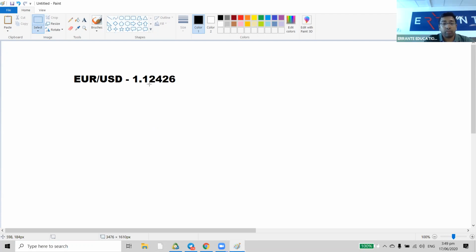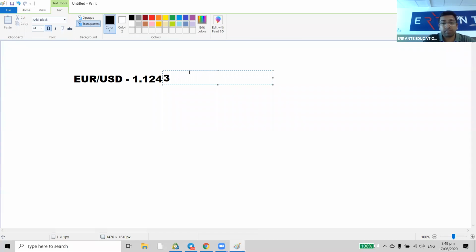So I'll make it 1.1243, let's say. In Malay, we say we bulatkan that last digit. Instead of 1.1242, we put it as 3. So we've got 4 decimal places.